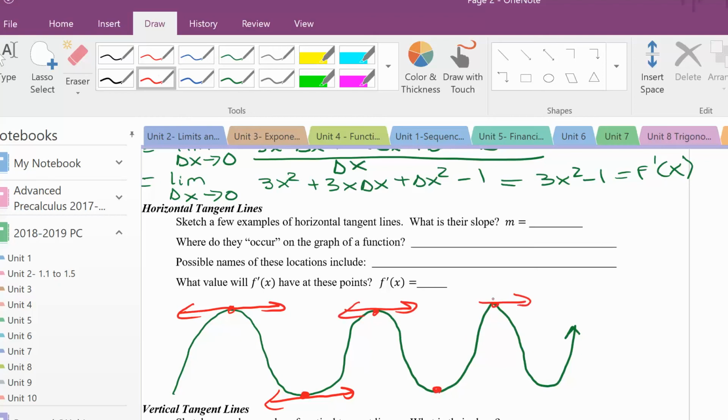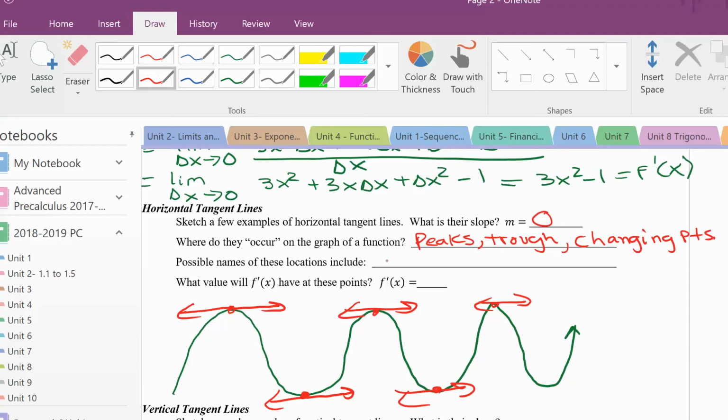So what is their slope? Their slope is 0, because any horizontal line has a slope of 0. Where do they occur? They occur at peaks or troughs, like bottoms or tops. Basically the changing points from going from increasing to decreasing.